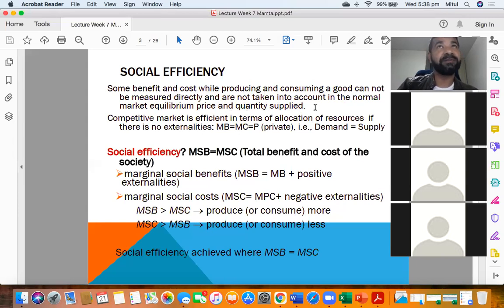So when you are producing something and when you are consuming something, in both situations you will have to think about social benefit and social cost.